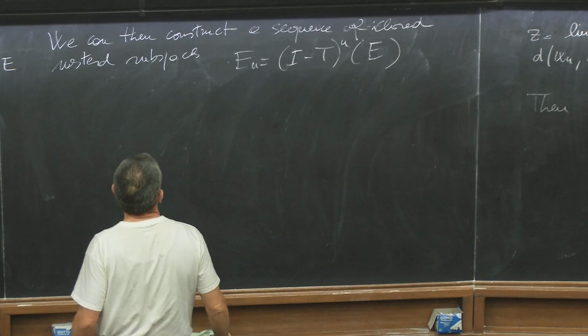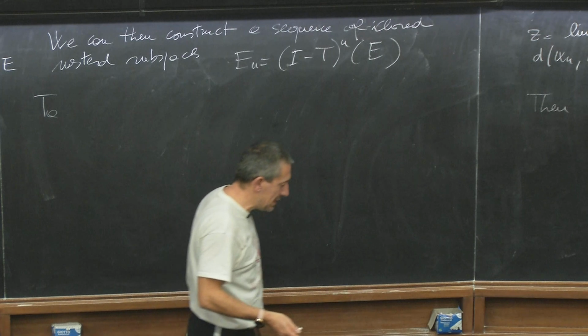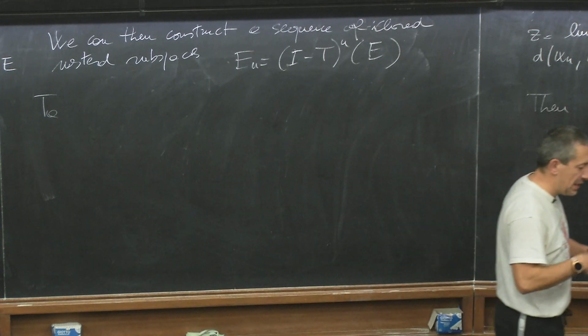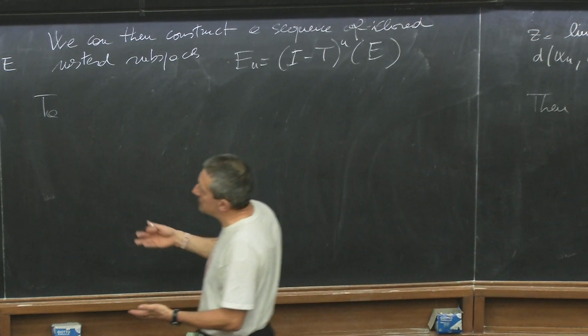Okay, so now we have to build a sequence such that T un does not converge. And the sequence is what?